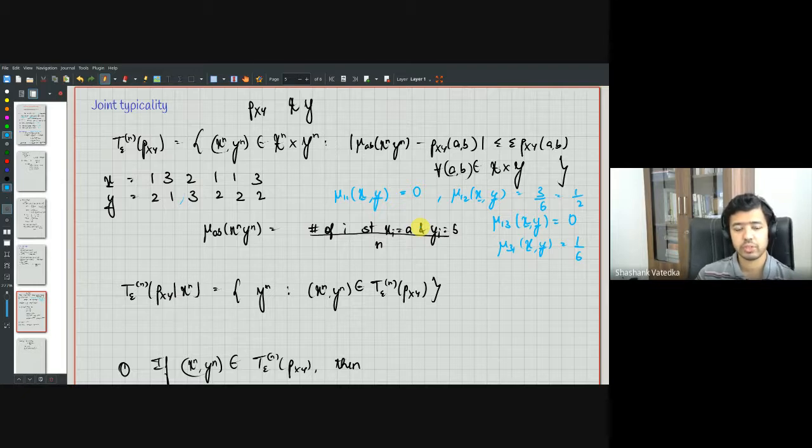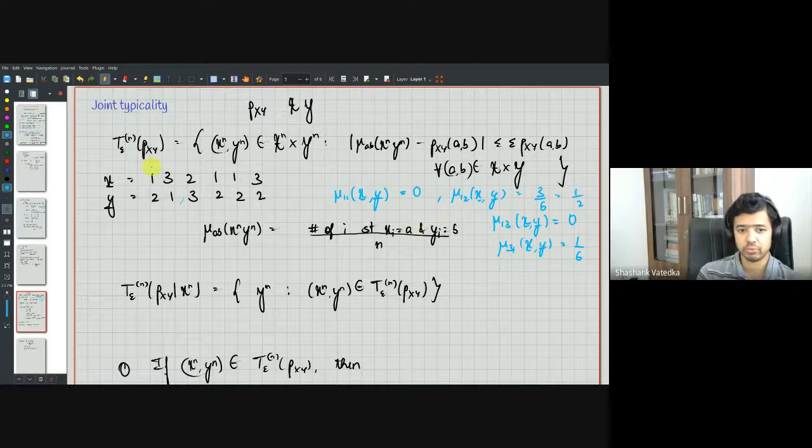Right. So hopefully the definition of mu_ab of x^n and y^n is clear. It's the number of locations where x_i equal to a and y_i is equal to b. And in particular, this is not necessarily equal to the product of the fraction of occurrences of x_i equal to a and y_i equal to b.